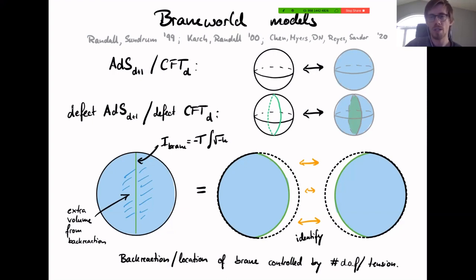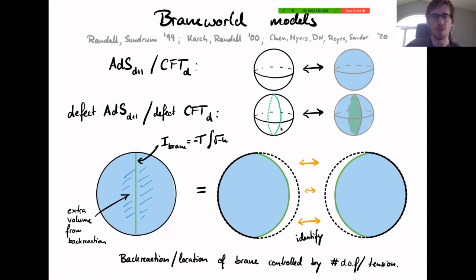Well, one way I can model this, and I will model this, is I introduce also a defect, which is, in my case, just a brane into the interior of AdS. And I'll introduce it in such a way that at the location where this brane intersects the boundary, I will find my defect in the CFT. So this defect should be codimension 1, as you can see in all those pictures.